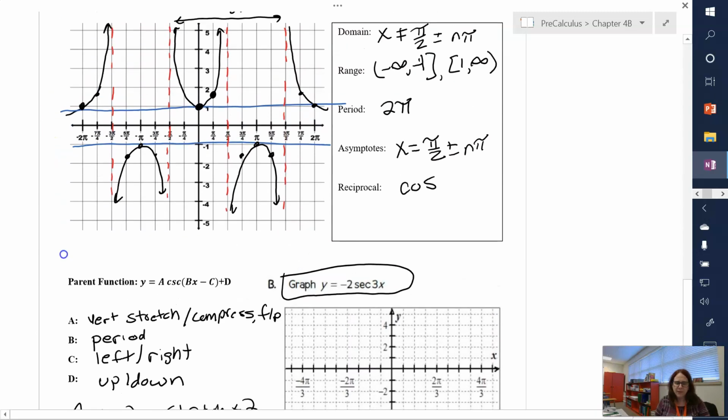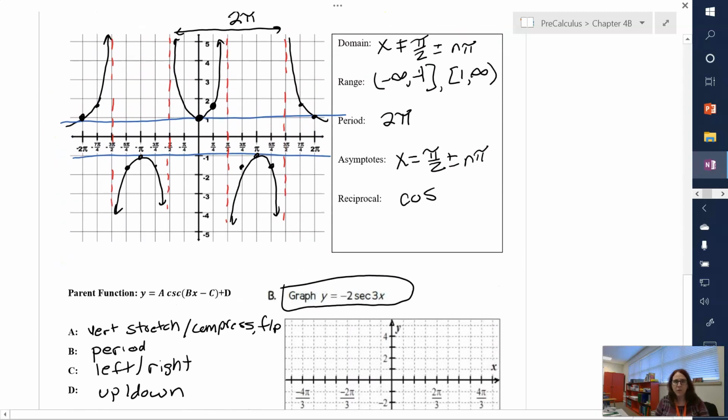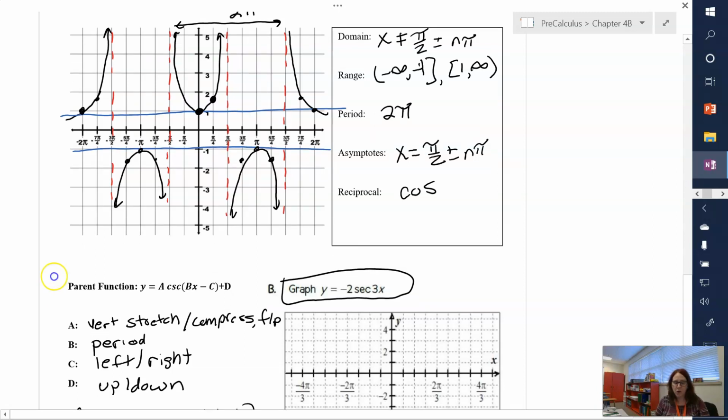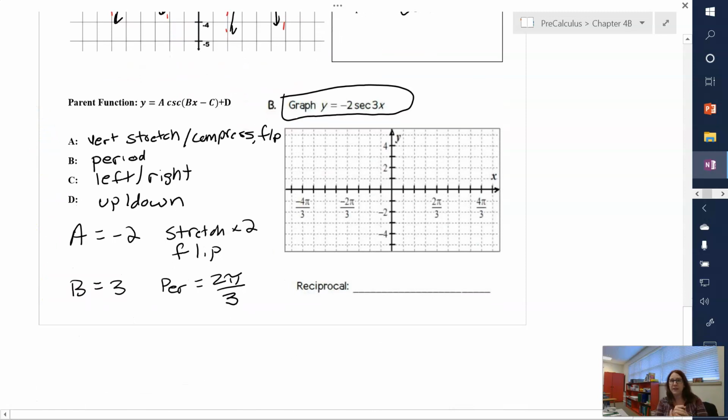Now my asymptotes had been pi over 2, 3 pi over 2 on my original secant graph. But because my period has been divided by 3, then the location of each one of these asymptotes also gets divided by 3. So the one that was at pi over 2, multiply that by 1/3, and I get pi over 6.